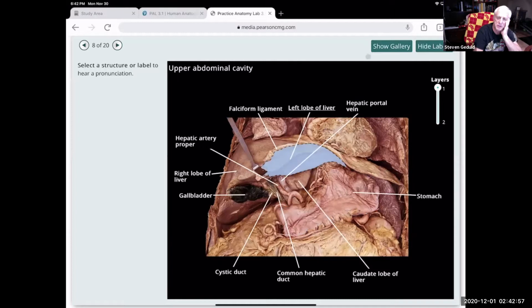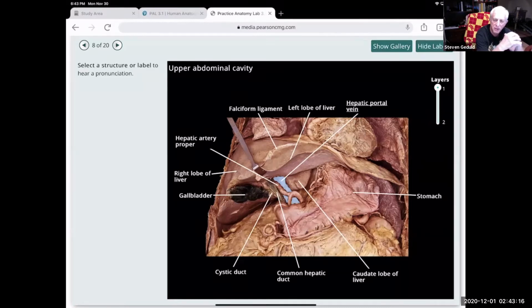There we go. The hepatic portal vein. You can see how the artery just above it is a lot rounder. The veins are kind of flattened out. That's the difference between arteries and veins. So that's the hepatic portal vein that's highlighted. Then you got your left lobe of the liver. The falciform ligament, which runs and separates the liver, extends around the outside, so it allows it to connect to the mesentery.